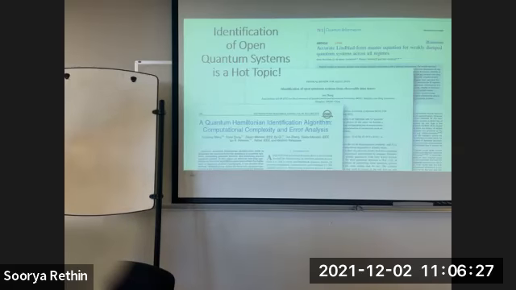They tried to develop an algorithm for identification of an open quantum system, beginning from the assumption of the Kraus operator sum representation of the system, the most general approach, and then going through quite complex multi-step optimization problems, reaching some results that define a Hamiltonian and the dynamics of the system.